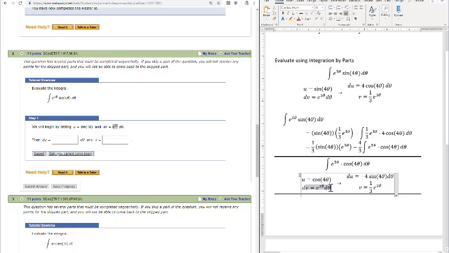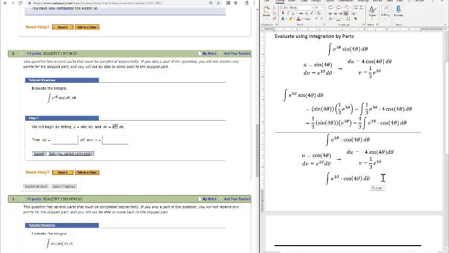And our dv is our exponential, so we're going to get the same result as we got up above. That's why I just quickly copied and pasted that. So now this thing, according to integration by parts, is going to be equal to uv minus the integral of v du. All right, so let's figure out what these parts are. U is this.